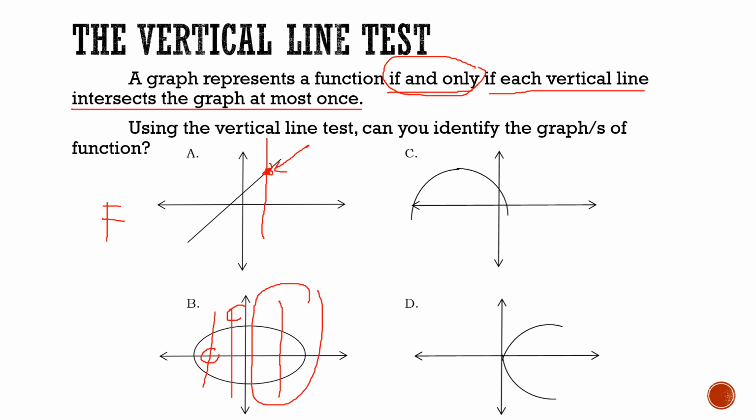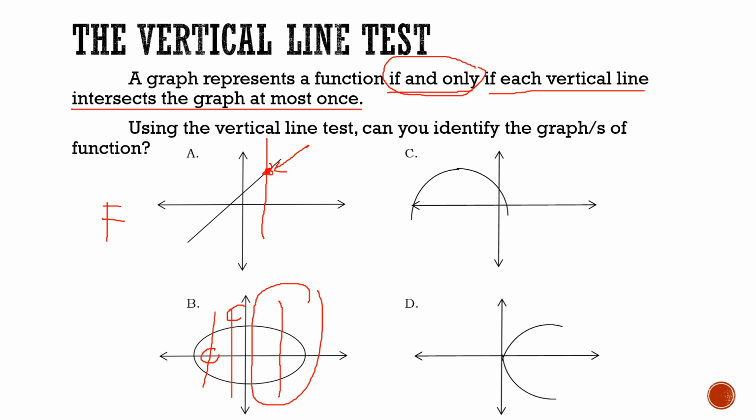There are graphs where at some portion you can satisfy that condition, but at some portion you can't, because at some point there are two or more points of intersection between your graph and your vertical line.